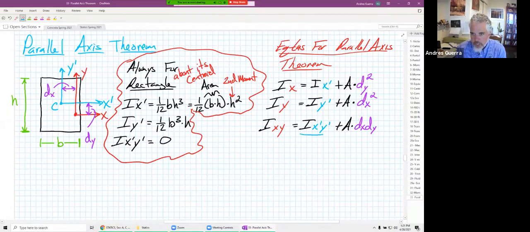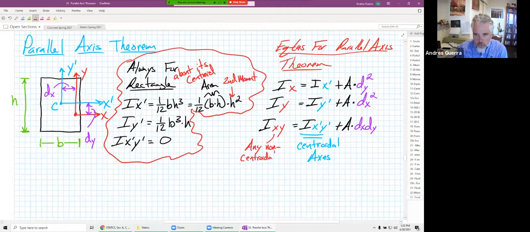And so these ones here, these are for the centroidal axes. And the red axes, these are for any non-centroidal axes.